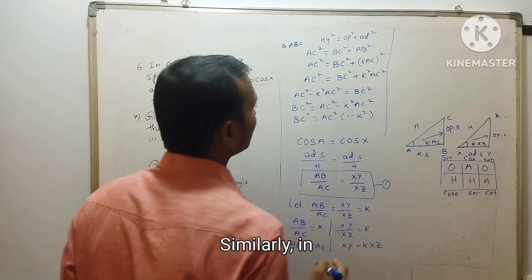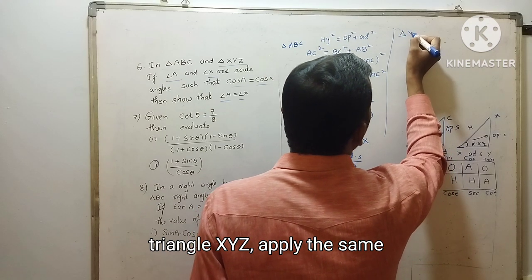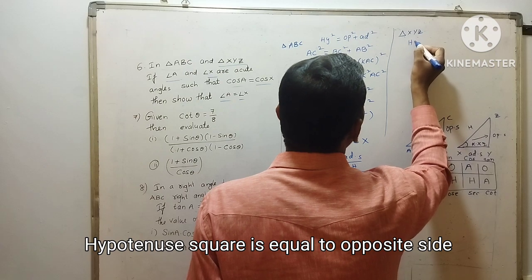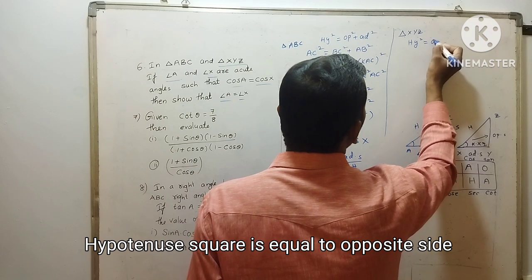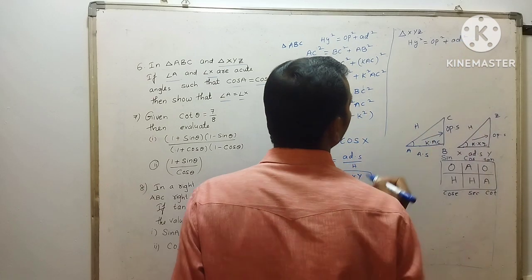Similarly, in triangle XYZ, apply the same formula. Hypotenuse square is equal to opposite side square plus adjacent side square.